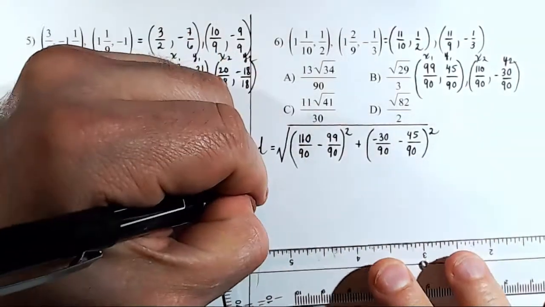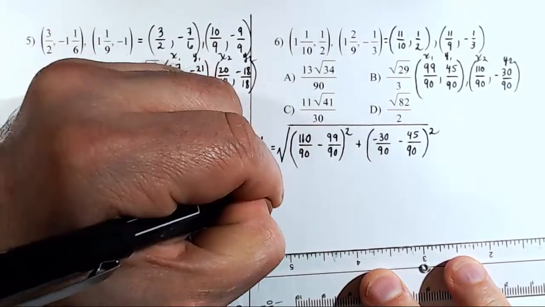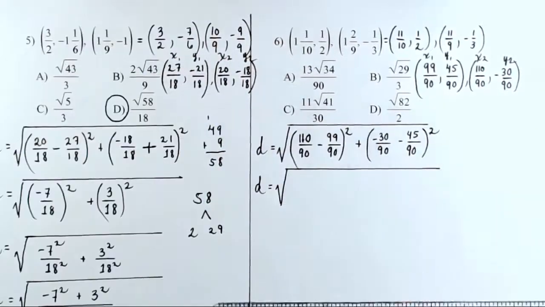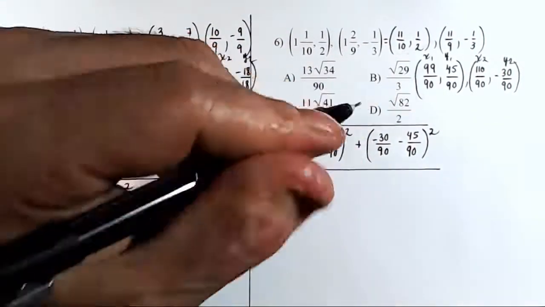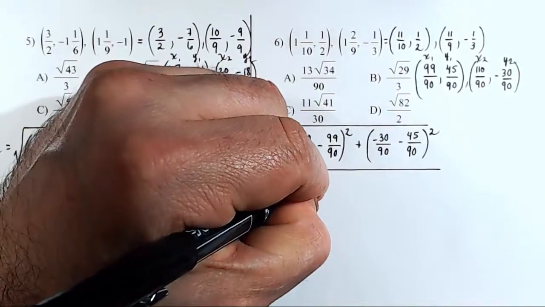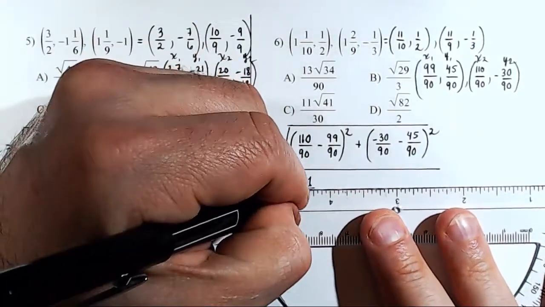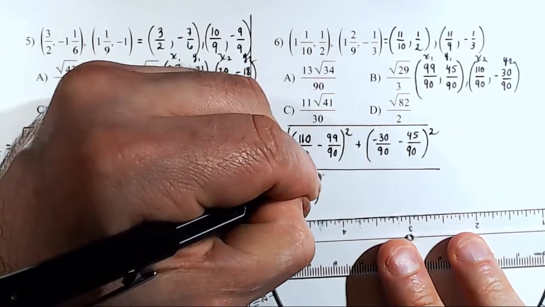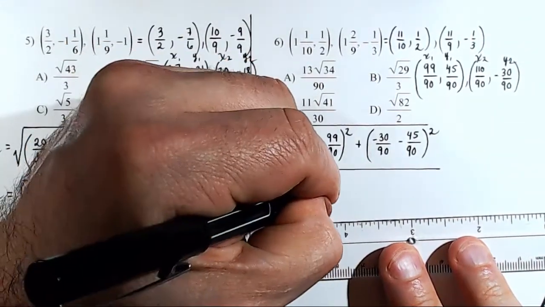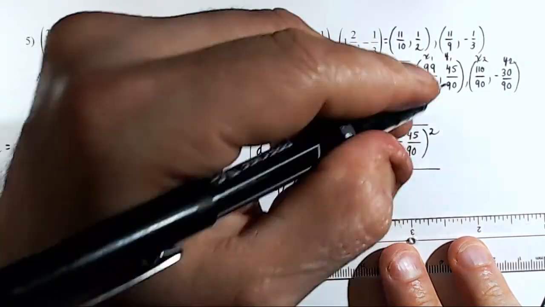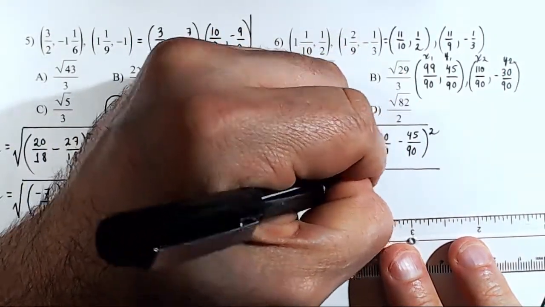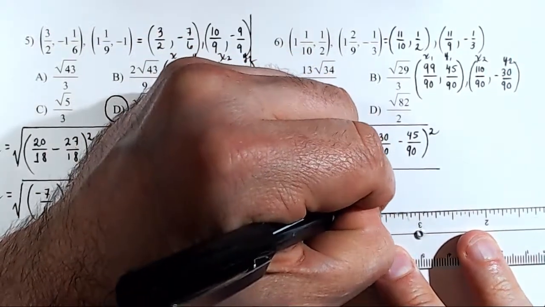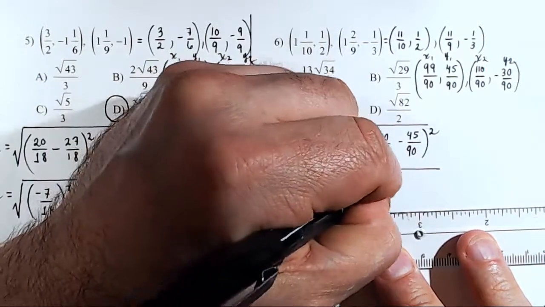Okay, so we'll go back in here, d equals the square root of 11 90ths squared plus negative 75 90ths, all squared.